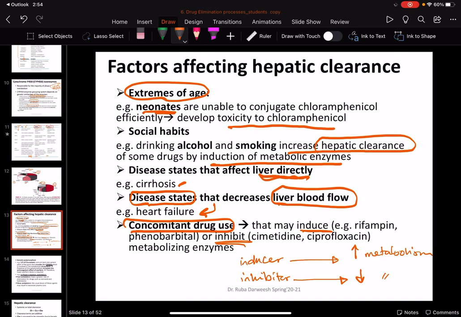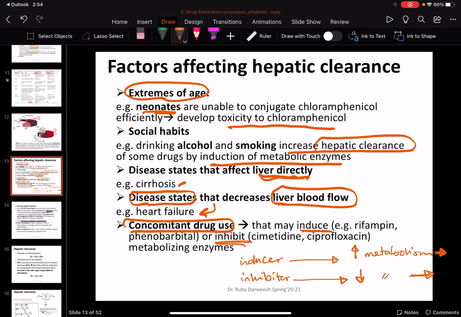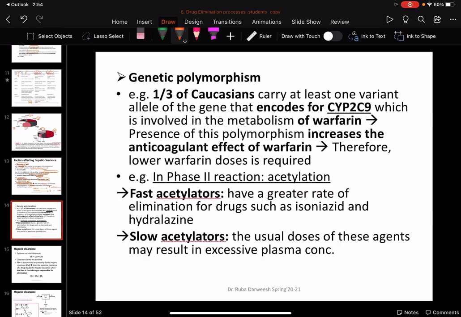And what would this effect be on the total concentration of the drug? If metabolism increases, this is expected to decrease the concentration of the drug. If metabolism decreases, it is expected to increase the concentration of the drug. And what that effect is on the final concentration that causes the response or the therapeutic effect should be taken into consideration, or we need to correct for that.